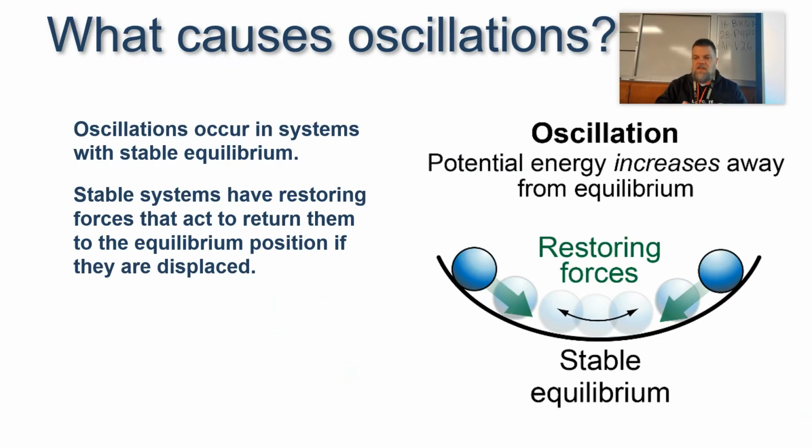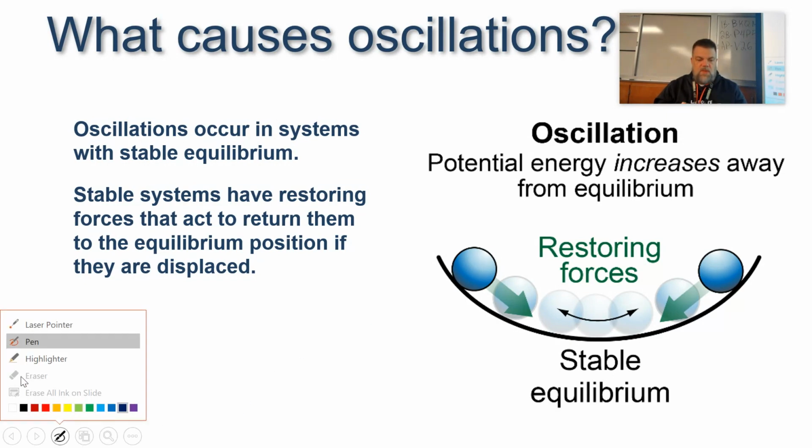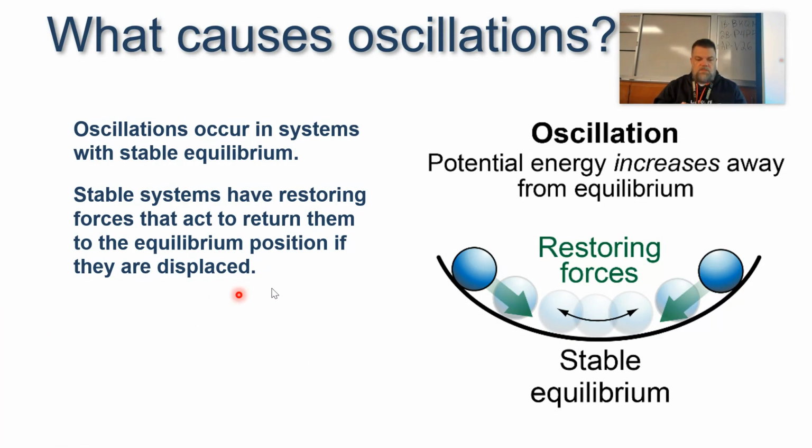All right. You don't need to write this down. I just really want you to look at it. So oscillators occur in systems with stable equilibrium. Potential energy increases from the equilibrium. So right at this point here, you have the highest potential energy.